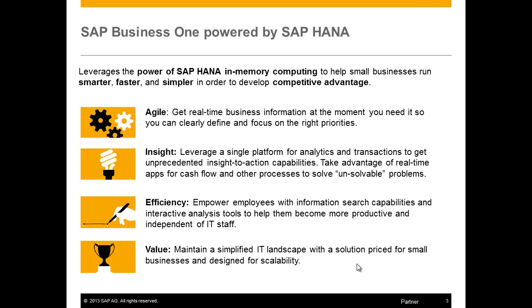You can take advantage of real-time apps for cash flow and other processes to solve unsolvable problems. Efficiency is also increased, as it empowers employees with information, search capabilities, and interactive analysis tools to help them become more productive and independent of IT staff.